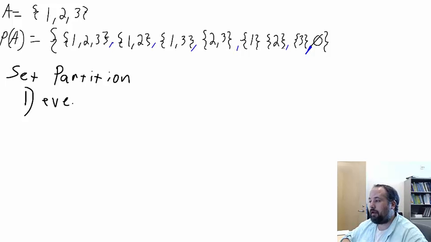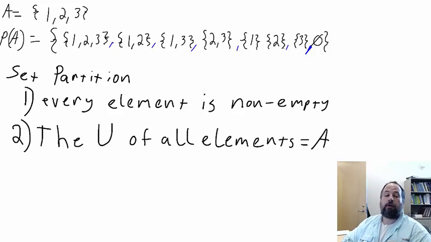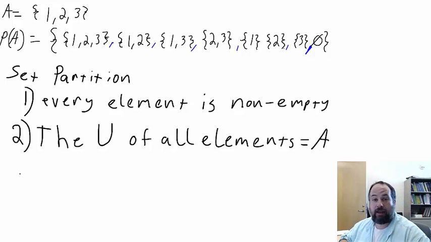Number 1: every element is non-empty. Basically, the empty set is not a part of our partition. Quality number 2 of a set partition is that the union of all elements is our original set A, which means essentially that every member of A is a member of at least one of the partitions.